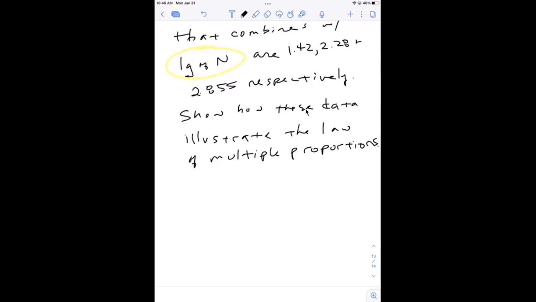So the first part of the strategy is already done because they've already given us the fixed mass of 1 gram with nitrogen. And here the ratios are already calculated, so we don't have to use the atomic masses to figure out the proportion because it's already given. With compound 1, let's start there.